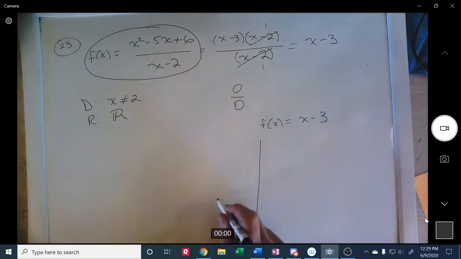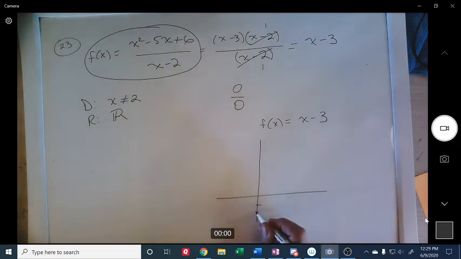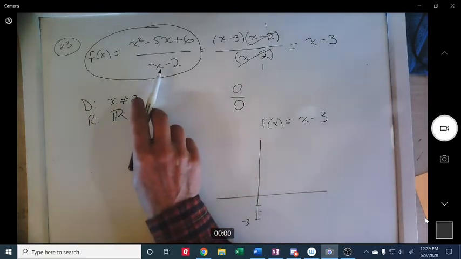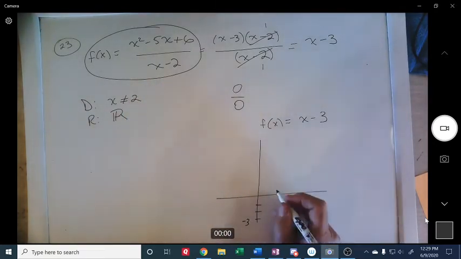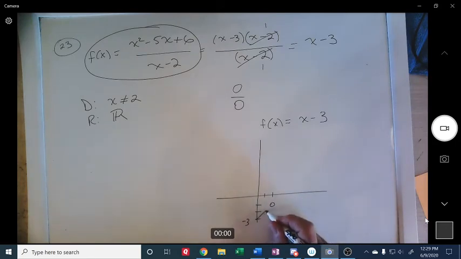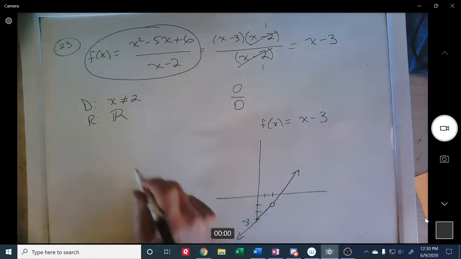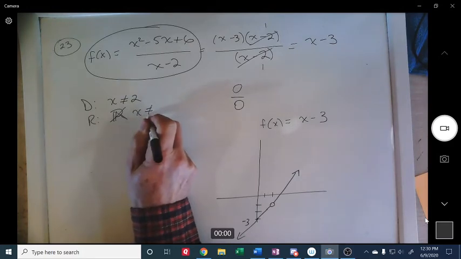In other words, if I graph this, it has a y-intercept of -3 and a slope of 1, but when x is equal to 2, it doesn't exist. It looks something like this. It has an open circle right over there. Now, the illegal value here is x is not equal to -1.